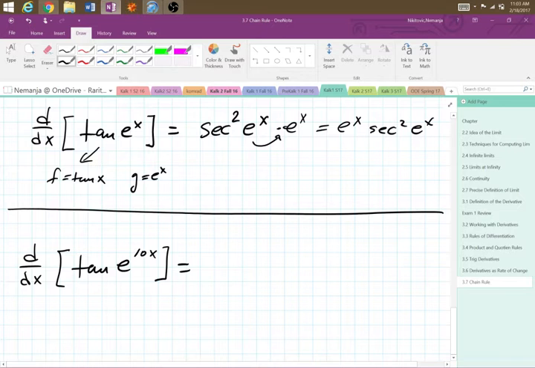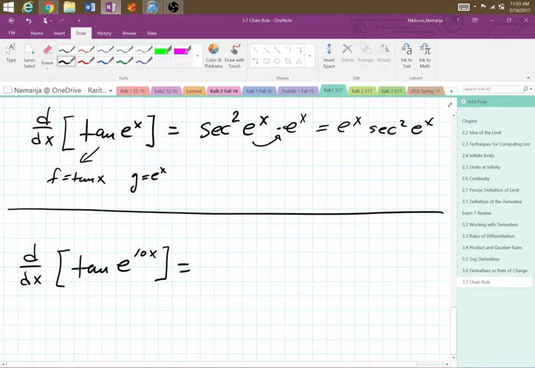Nice! Add the third layer. Because f is tangent x, and then g is e to the x, and then h is 10x. Earlier it was e to the x. That was basic. But e to the 10x is not. So now we are adding the third layer.